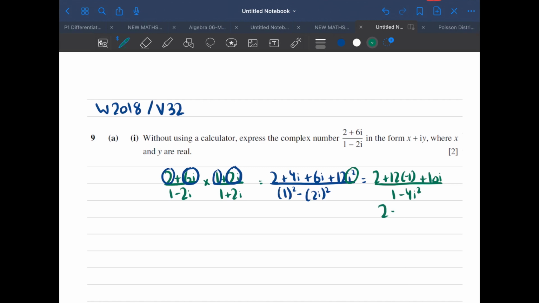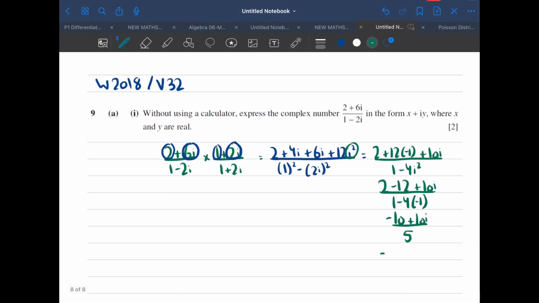So now 2 minus 12 plus 10i divide by 1 minus 4 minus 1. So 2 minus 12 is minus 10 plus 10 iota divide by 5. So minus 10 upon 5 makes what? Minus 2. And 10i upon 5 makes what? 2i. So my answer will be minus 2 plus 2 iota.